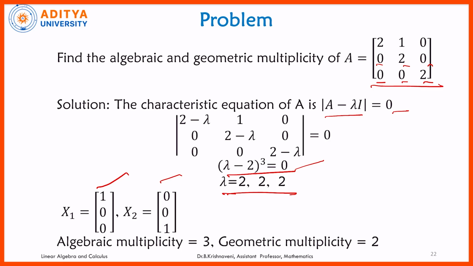It is clear that the roots of this equation are 2, 2, 2. So what is the algebraic multiplicity? Lambda is repeated 3 times, so it is equal to 3. And for lambda equal to 2, we got 2 eigenvectors, so the geometric multiplicity is equal to 2.